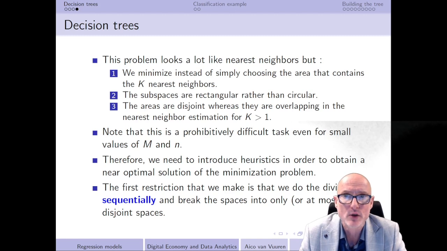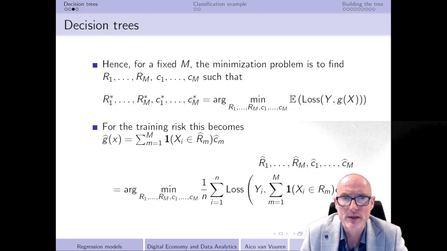But now let's go back to the decision trees. We should realize that this problem that we have defined over here is actually prohibitively difficult to solve. It is still relatively simple if m is not too large, because if m is only equal to 2, 3 or 4, then we could try to minimize this problem.